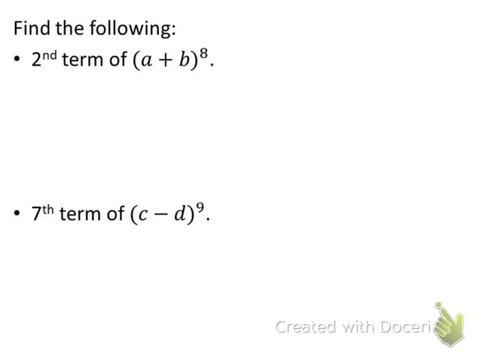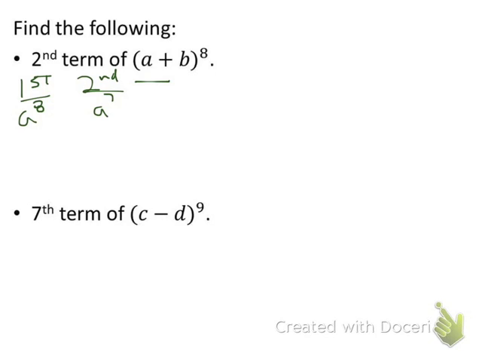So now we're going to go to a different approach. Now we're asking for a specific term in our binomial. So now I'm asking for the second term. So I could write like I did before, first term, second term, and find to where it is. And this one would be a to the 8th, a to the 7th. But what we did already is we said, okay, once we get to that, our k value is 1 less.